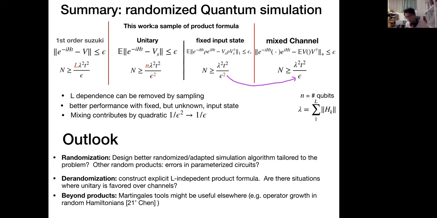And practically, we also ask whether there are situations where unitaries are favored. Otherwise, it seems that you can just mix, there's no harm in mixing, it's just a broader class. So lastly, to go beyond products, we believe these martingale tools will be very helpful. And as it already did in this random Hamiltonian analysis.